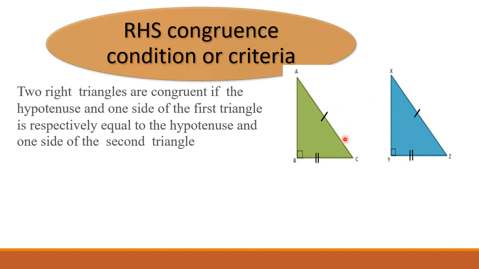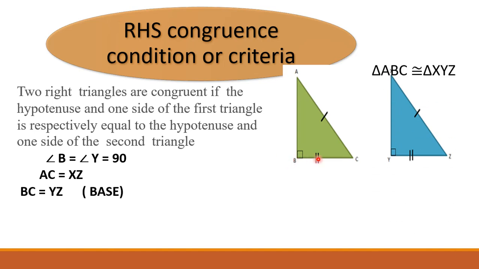We can write the steps for this. Angle B is 90 degrees, equal to angle Y. AC, that is the hypotenuse, is equal to hypotenuse XZ, and side BC is equal to YZ. Here, BC and YZ are both the bases of triangles ABC and XYZ. So we can write triangle ABC is congruent to triangle XYZ.